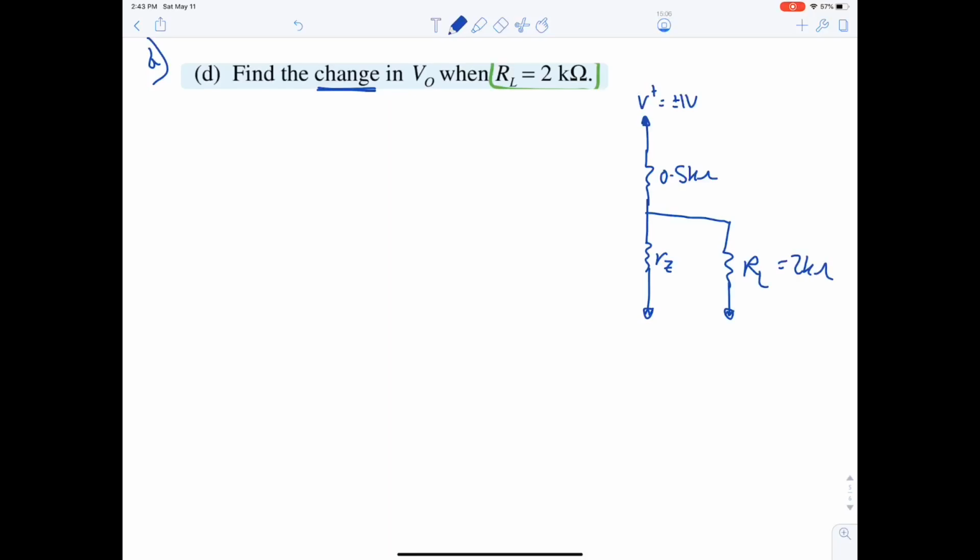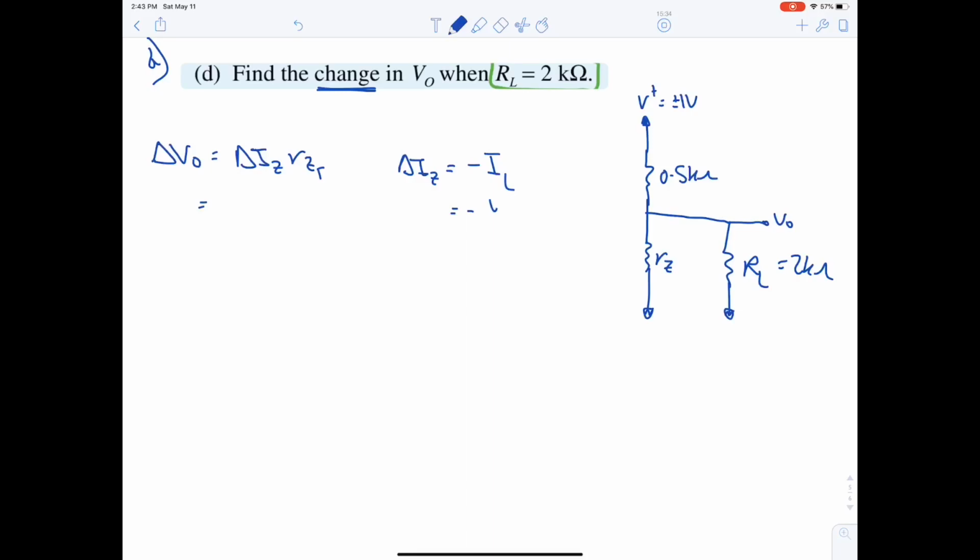Now again, there's a difference in the currents, so we have to use this equation. Delta V naught is equal to delta IZ times RZ total. Delta IZ is what? It's minus IL. What is IL? IL can be approximated as V naught over RL.